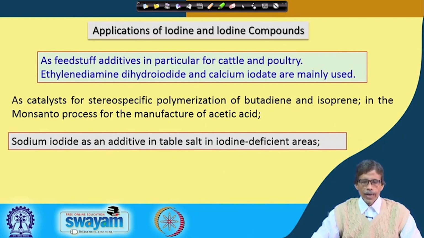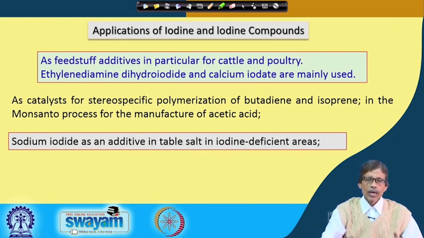Then the sodium iodide, as we have already told, goes along with your table salt, which is sodium chloride. Along with table salt we add sodium iodide as an additive, because a very small amount of iodine is required to make the salt an iodized salt, which is being supplied for iodine deficient areas.